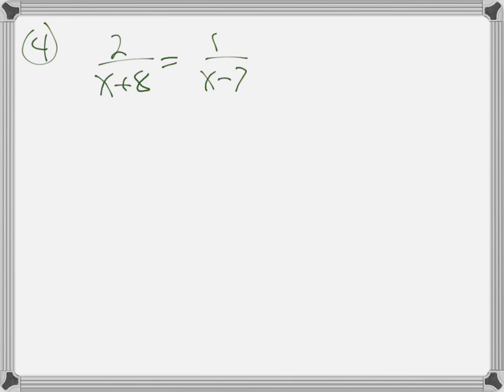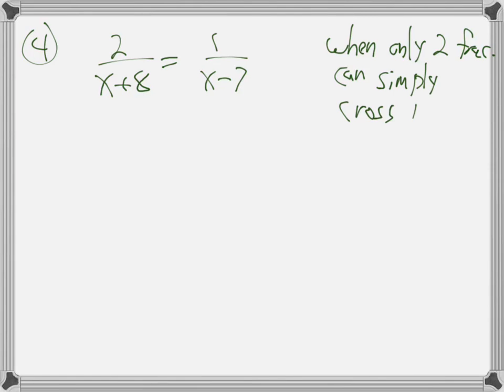When there's only 2 fractions, you can simply cross multiply. You know what I mean by cross? We did it back with the slope problems. Remember those slope problems where we would go diagonal like that?